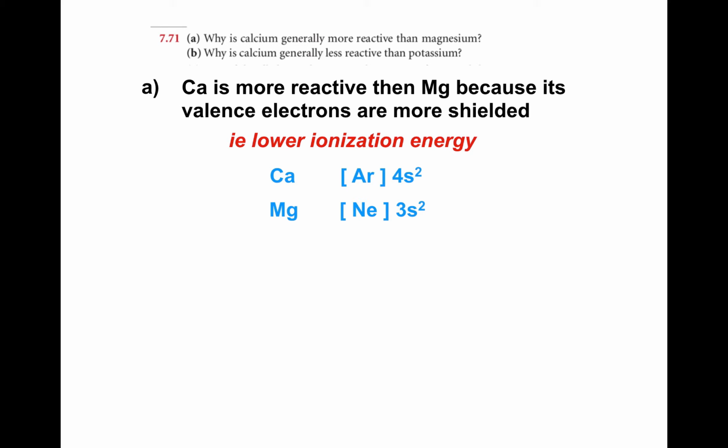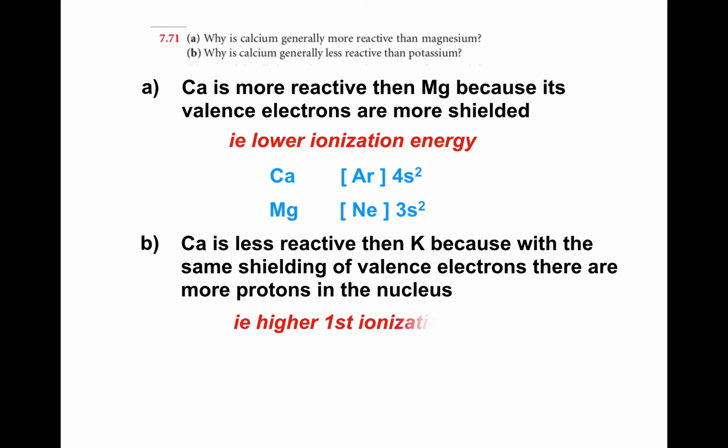Why is calcium generally less reactive than potassium? More effective nuclear charge. You have 20 protons in the nucleus with calcium than you do 19 protons with potassium. So it's harder to take an electron away from calcium than it is potassium.